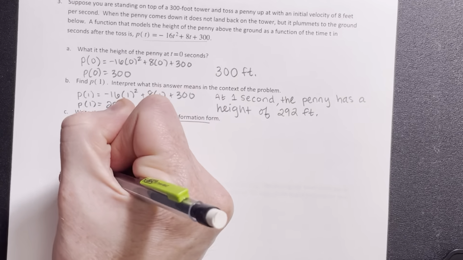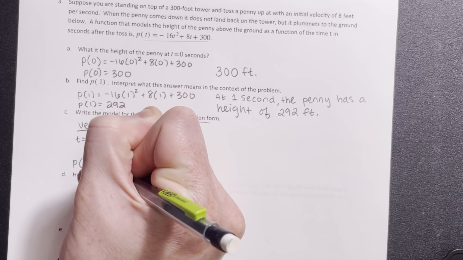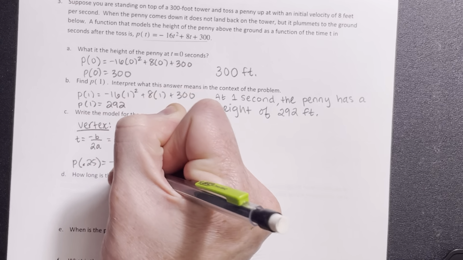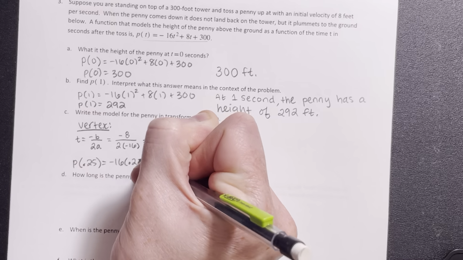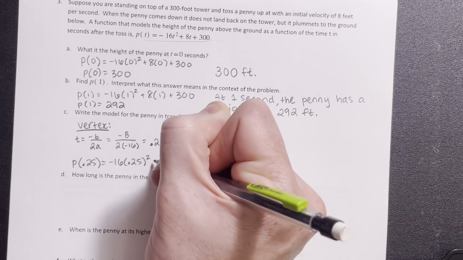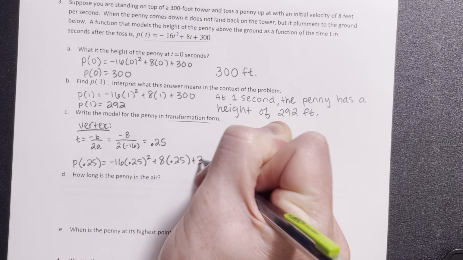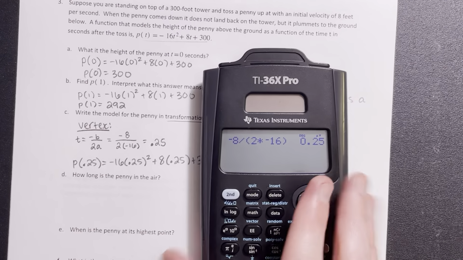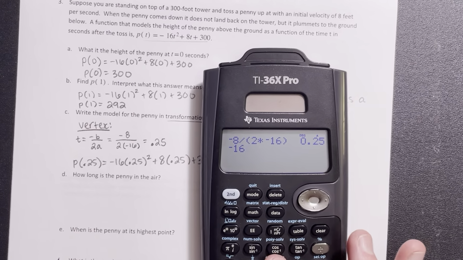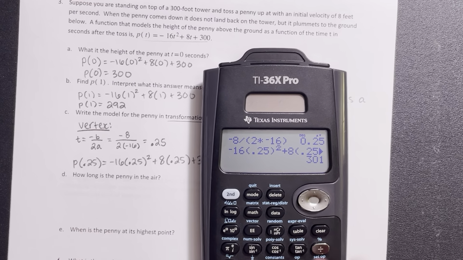And if I get the output, P of 0.25, we can plug that into our calculator. So negative 16 times 0.25 squared plus 8 times 0.25 plus 300 gives me 301.